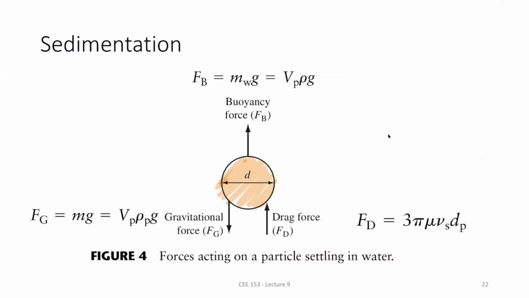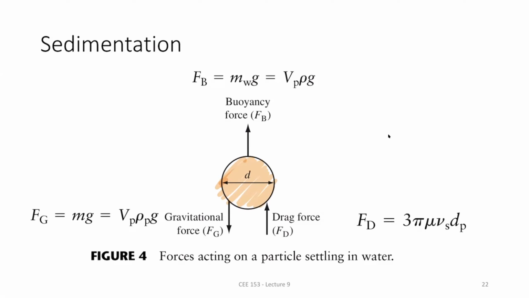It has three forces that apply on it. The very first one, very easy to conceptualize, is the weight that pulls it down. But there are two forces that make the particle stay suspended. Number one is the drag force, the same thing as friction force. If you're driving and put your hand outside, you'll feel that friction because of the fluid. The faster the velocity, the higher the drag force.